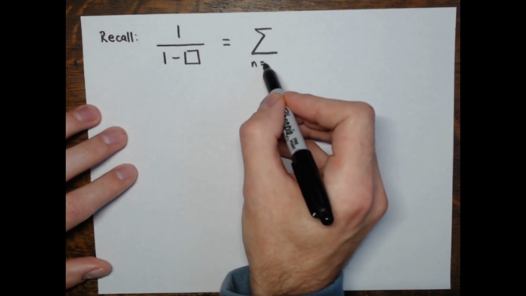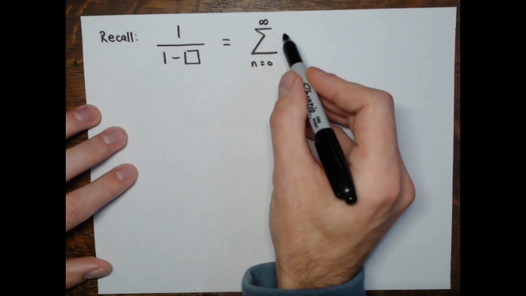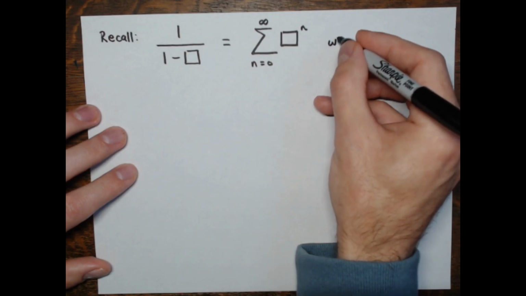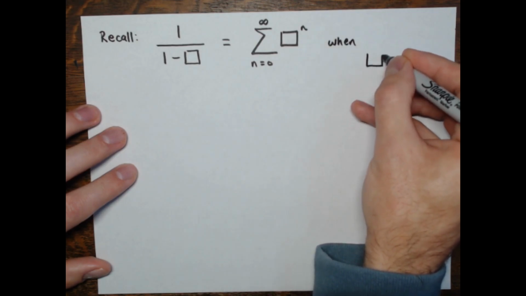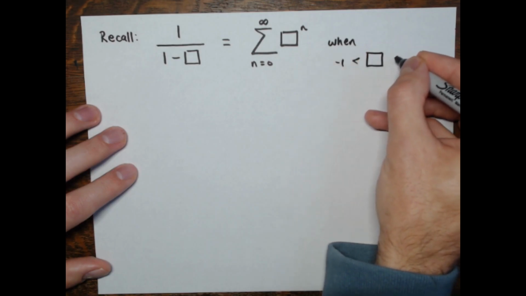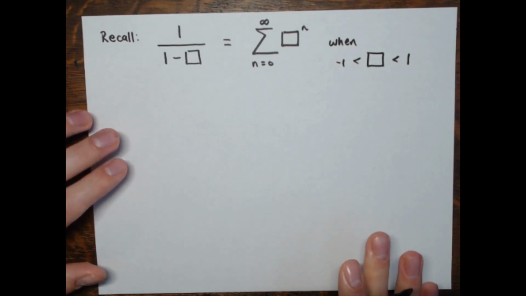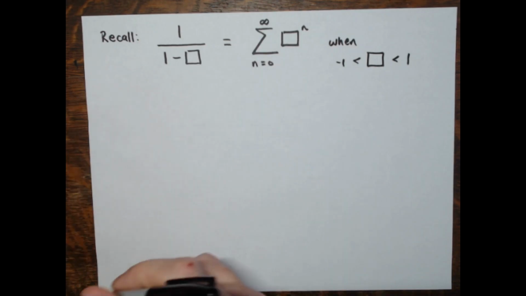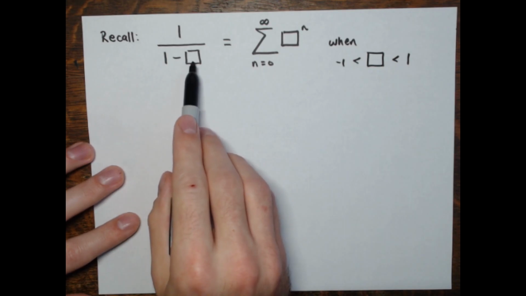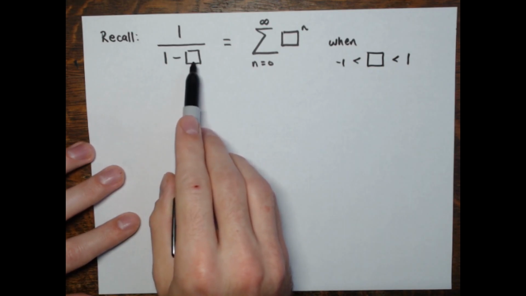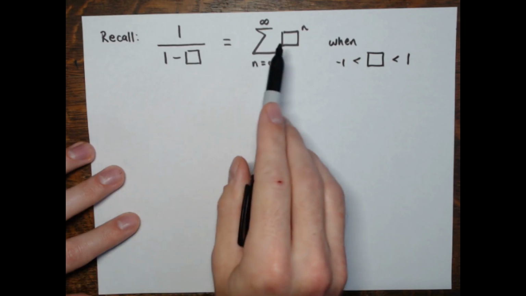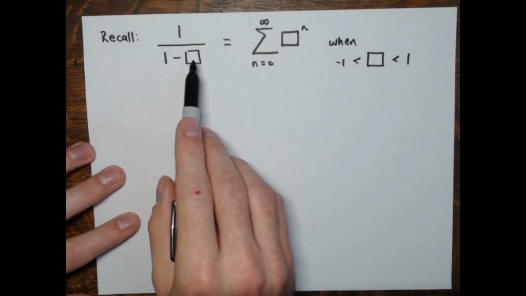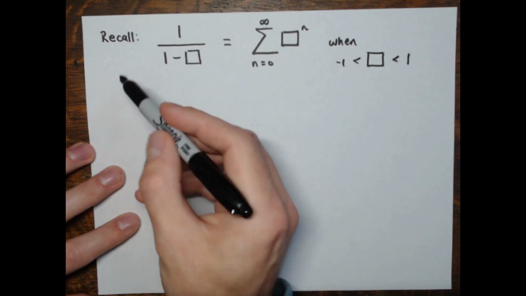The sum from n equals 0 to infinity of whatever's in that block to the nth power. But that's only when whatever's in the block is between -1 and 1. So if I want the series to be centered at 1, I want the block to have x minus 1 or 1 minus x in it, right?